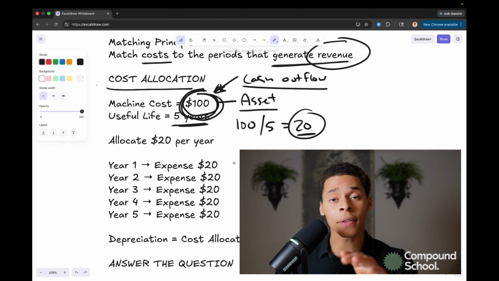And it is that simple, guys. We're going to take this $100 cost and we're going to allocate it over the periods in which we use this asset, okay? So in year 1, as we use this asset, we're going to have an expense of $20, okay? Year 2, 3, 4, 5, same deal, okay? But this is just an accounting allocation. This is not a cash outflow. The cash outflow happened on day 0 in year 1.